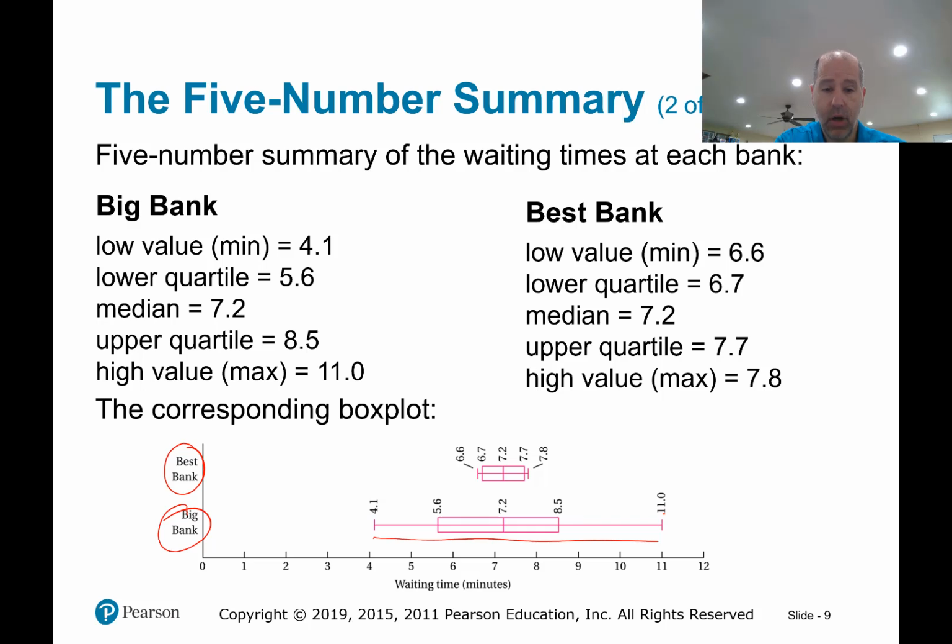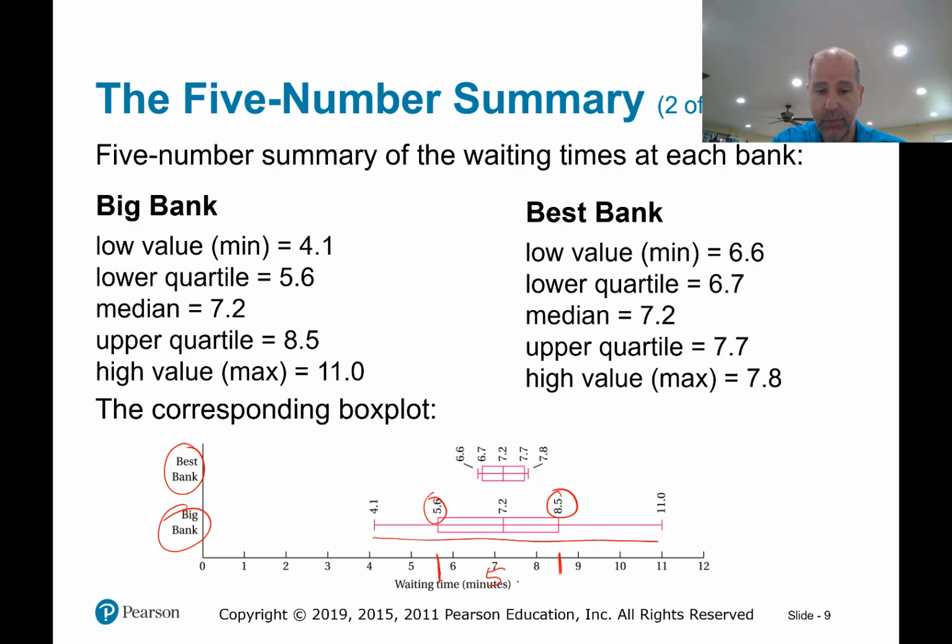Okay. Notice also a couple of things. The spread, right? So this box here from 5.6 to 8.5 is the distance between the lower and upper quartile. This is what we call the interquartile range, or the middle 50%. So you know that the middle 50% of the data is in that box.